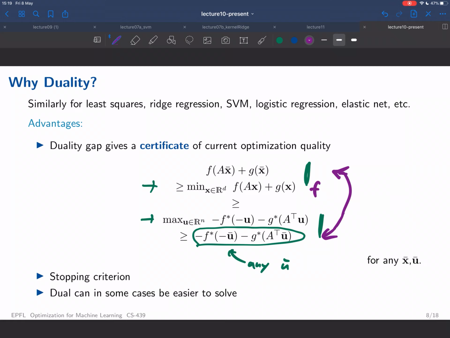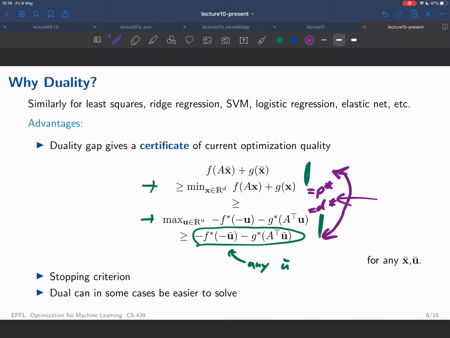So this is f star. Sorry. So the minimum here, I will call this p star, and this is d star, the dual one. They are actually equal under very weak conditions. And the point is, we don't know them, right?